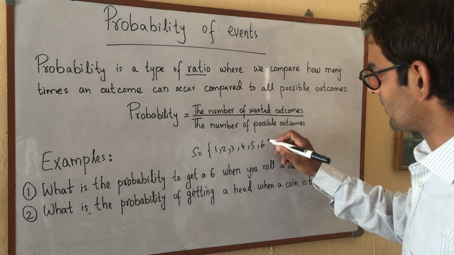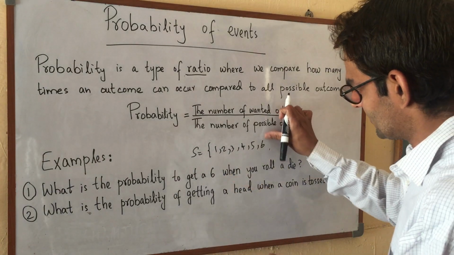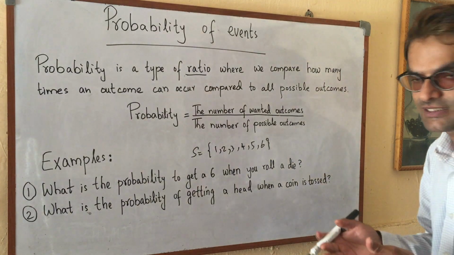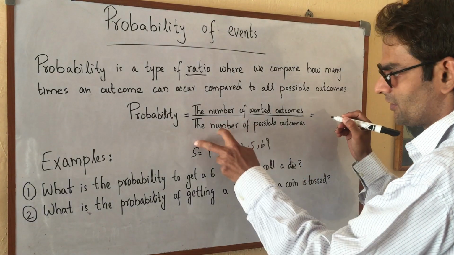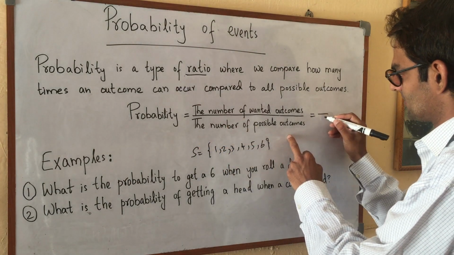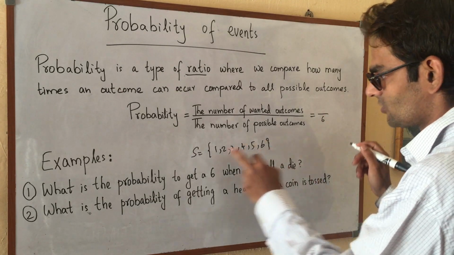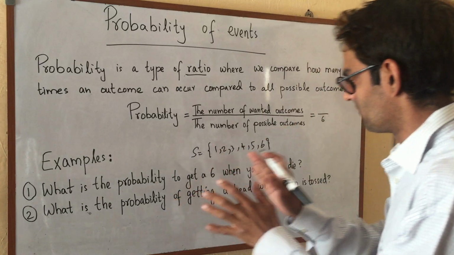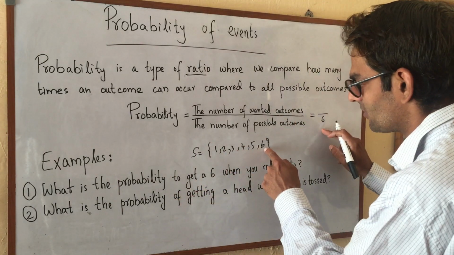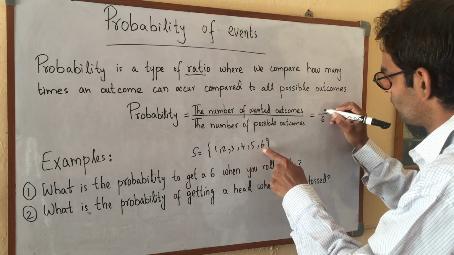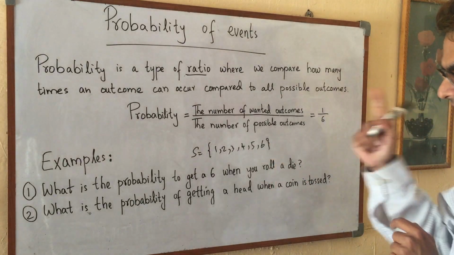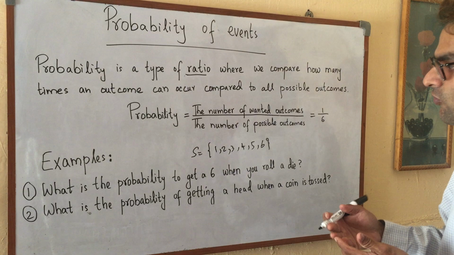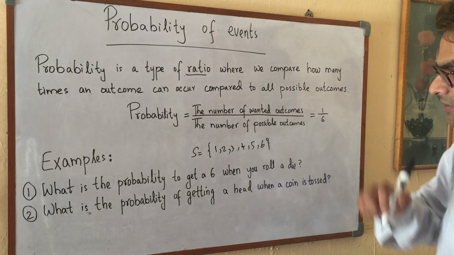Okay, for the number 6, how many chances for 6? The number of possible outcomes is 6, and for 6 there is only one. So 1 out of 6 is the chance of getting a 6.